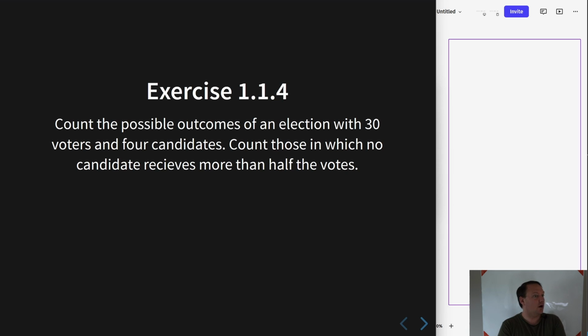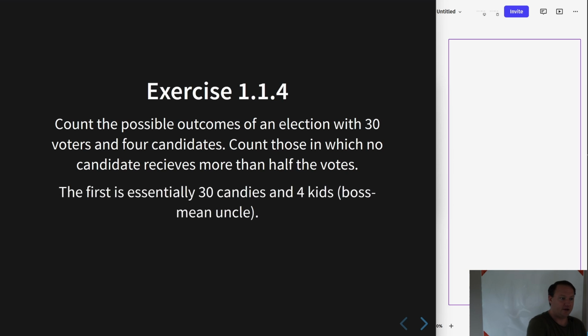So we've got 30 stars, and then the bars are 4, so we use 30 plus 4 minus 1 in the formula. I'll just display it right here: 30 stars plus 4 minus 1 bars.